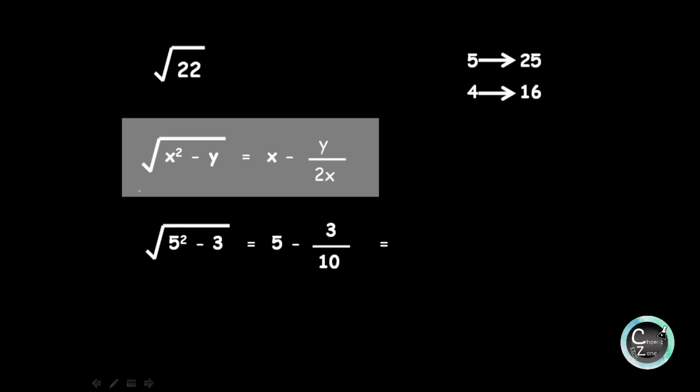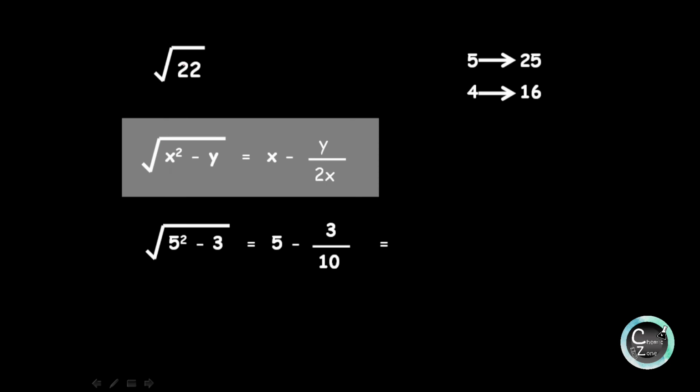Now using this formula, which contains a negative sign, we can calculate the square root of it. One more thing is that we can use both formulas for calculating the square root of any number.